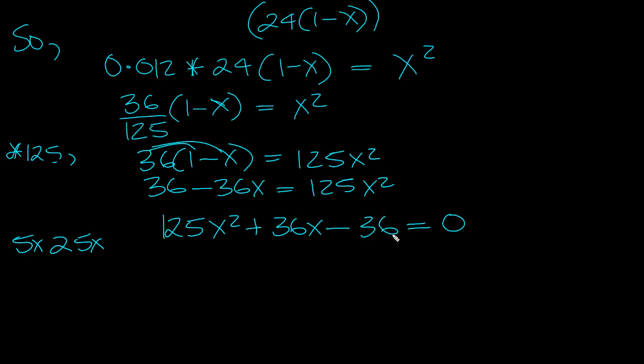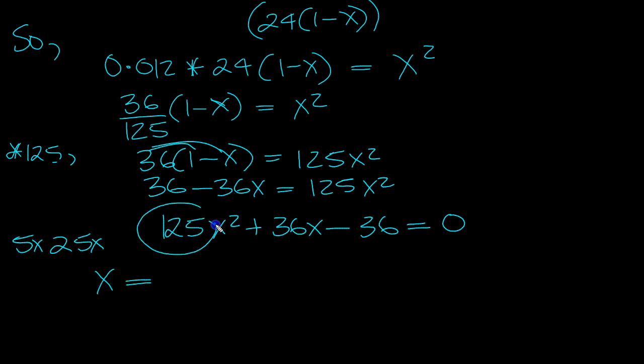Or 18 twos. But I don't know how easy that is to factorize. 18 twos or 36 ones. I'm not able. So if all else fails, we can use the formula.